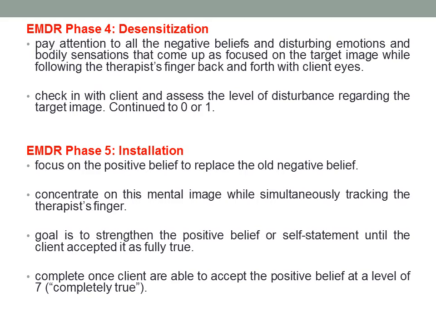During this process, the client will continue to digest or process the feelings, images, and beliefs that occur in relation to the trauma target. The desensitization phase continues until the client's distress level, as measured by the SUD scale, is reduced to 0 or 1.